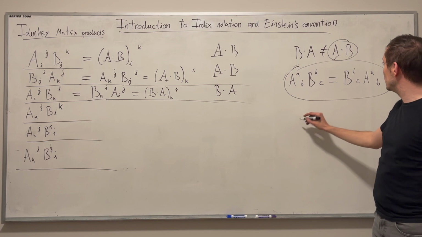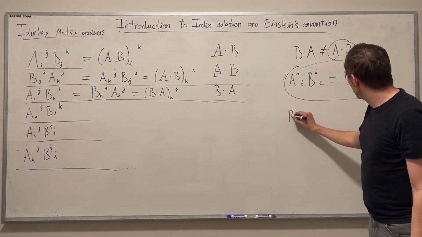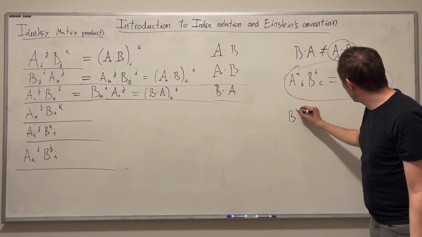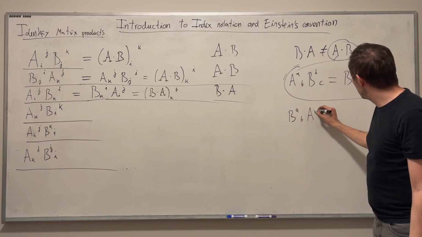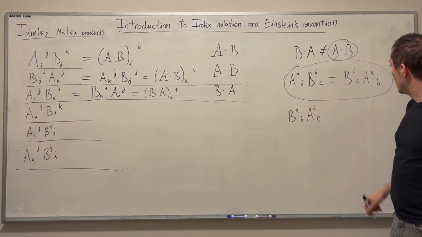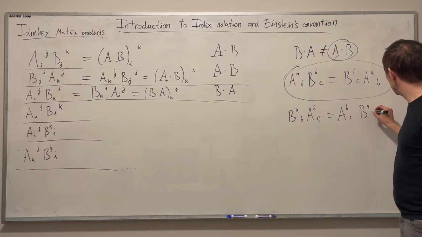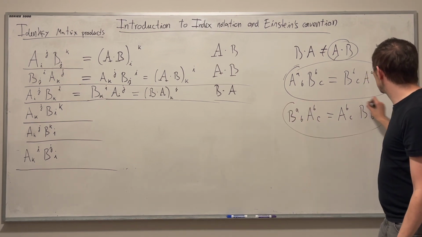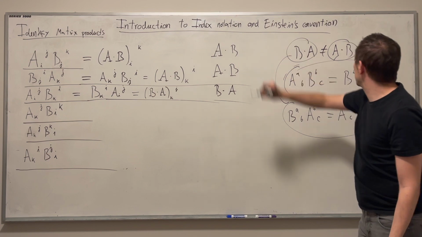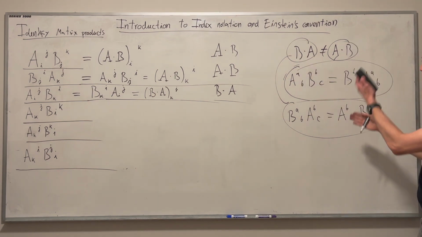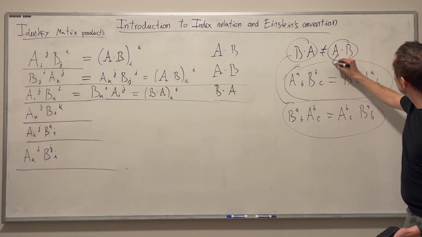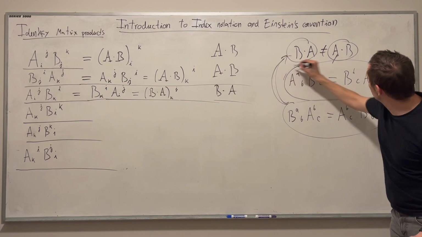Now, if I wanted to write the other, I would have to write B, let's call it like that, A B, A B C, okay? Or if I want, this is the same as A B C, B A B, and these two things are the components of this object. So you see, the difference between the two, this is this, and this is that, all right?